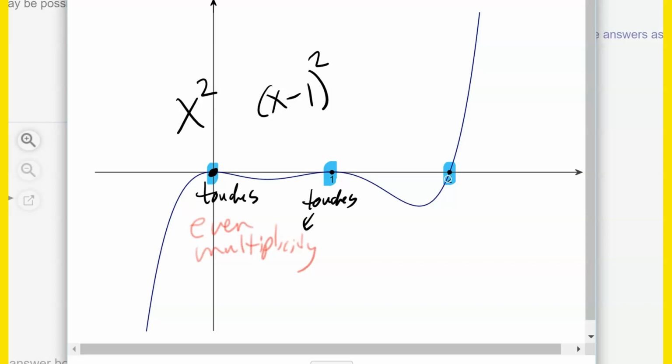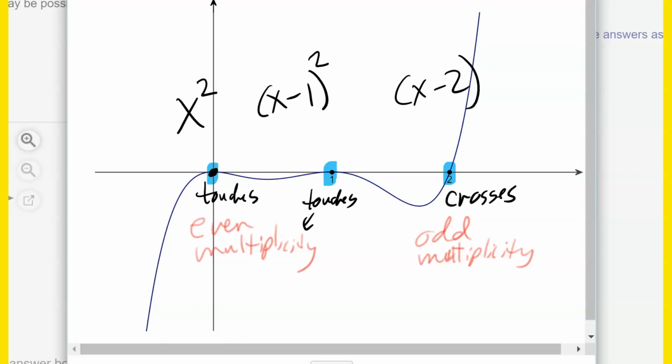All right, what about here? There, it crosses. So that's going to be odd multiplicity. So what's that going to be as a factor? It's going to be x minus 2.